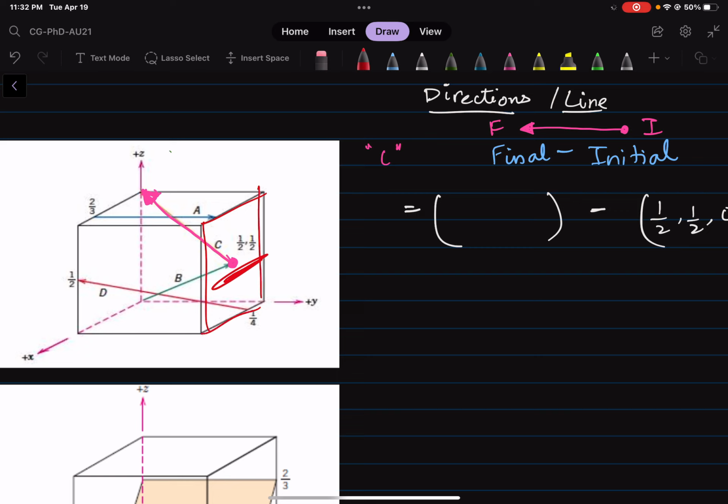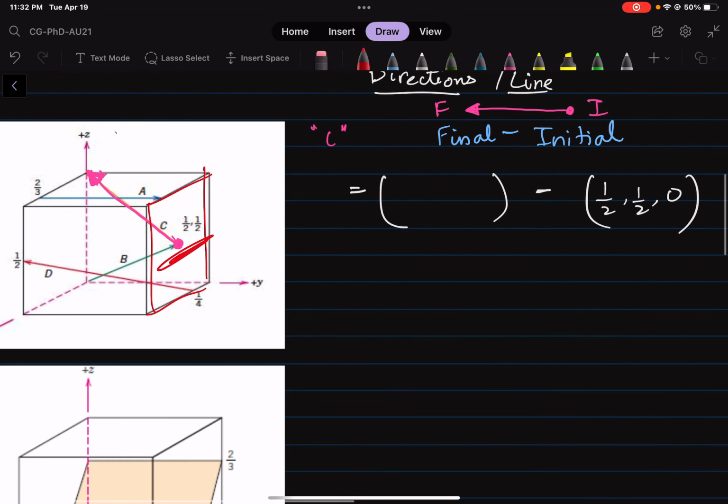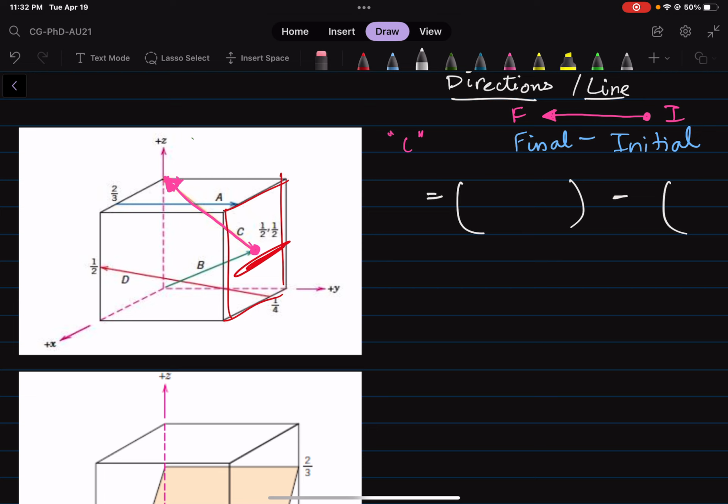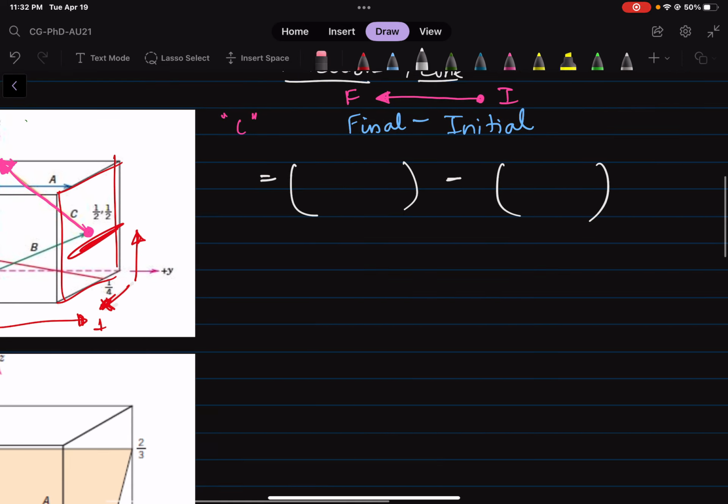So the Z, my bad. So the Z will be, let's redo this. So when it's on the center of this plane, you will have half in x, half in z, and then you have 1 in y, right? So the notation here, half in x, 1 in y, and then half in z.